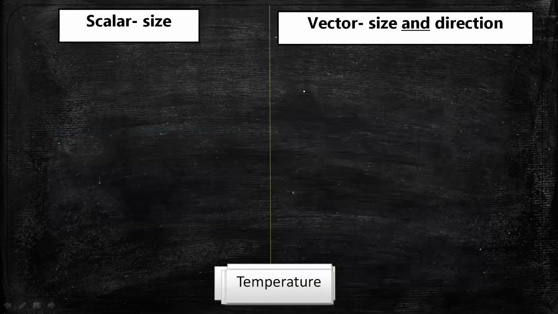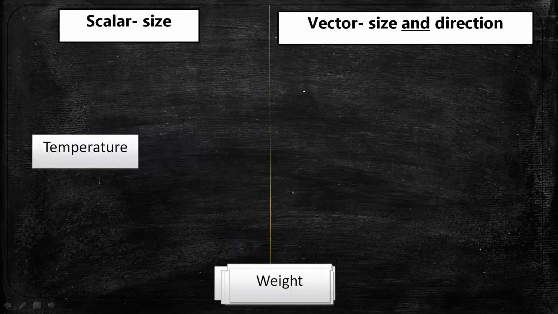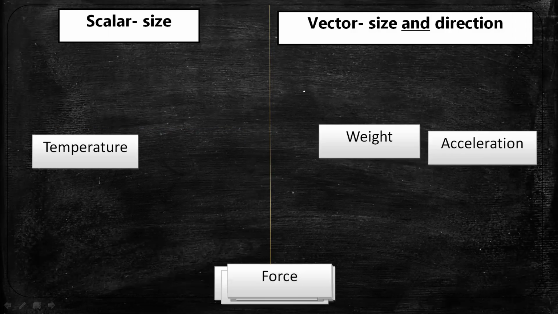Let us classify some of the physical quantities into scalars and vectors in order to have a little more understanding about scalars and vectors. Temperature can be described by using just magnitude. No direction means it is a scalar. Weight needs both magnitude and direction, so it is a vector. Acceleration is another example of a vector.